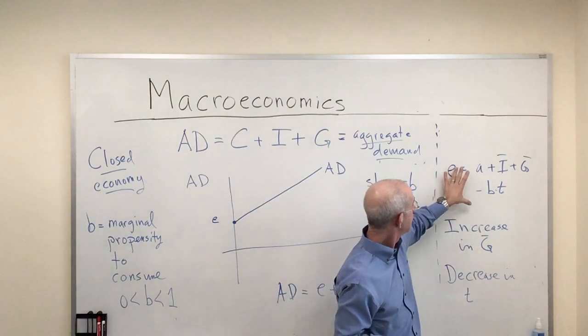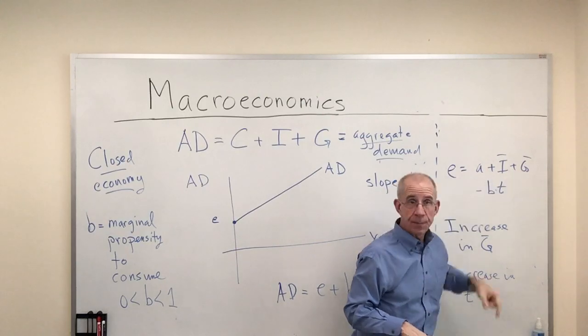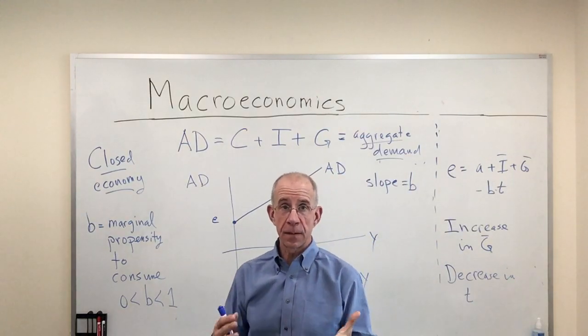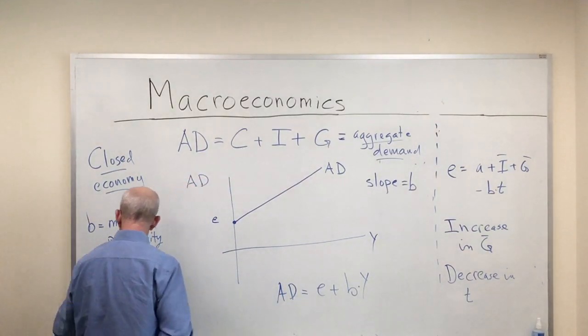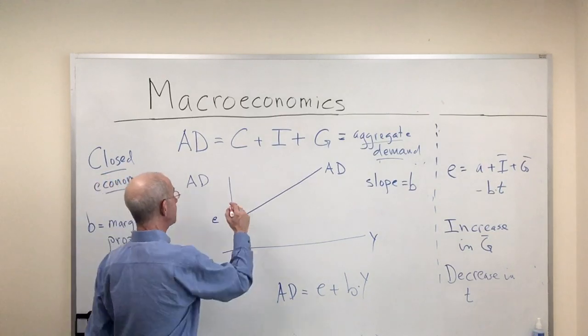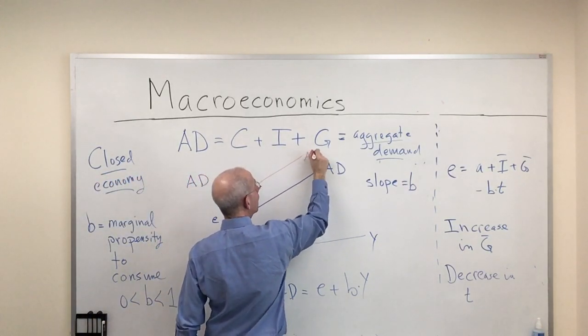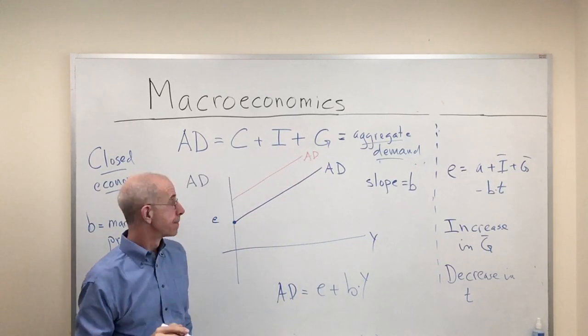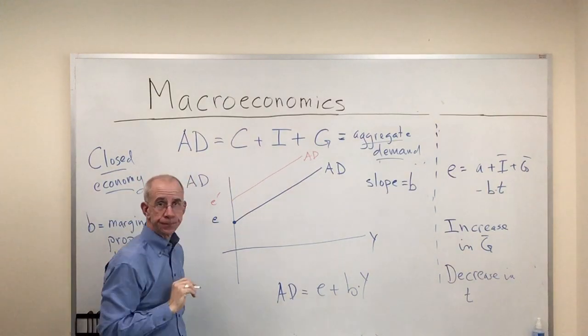An increase in government spending or a decrease in taxes, okay? How does that affect E? If G gets bigger, if the level of government spending goes up, that's going to shift the aggregate demand curve up. E gets bigger.